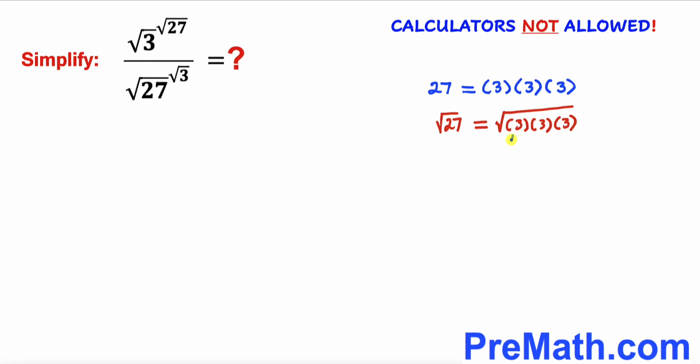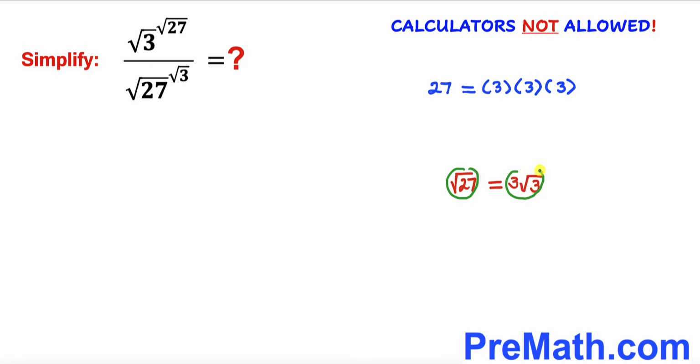And we know 3 times 3 is 9. So therefore we can write square root of 9 times the square root of 3. And we know square root of 9 is simply 3. So this is going to become simply 3 times the square root of 3. So therefore square root of 27 is going to be equal to 3 times square root of 3.